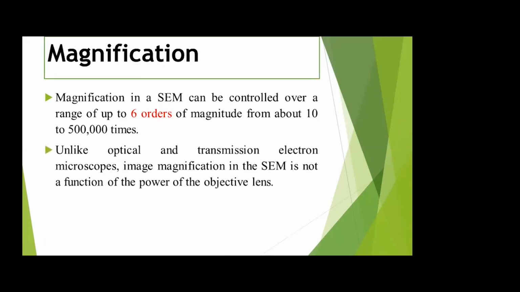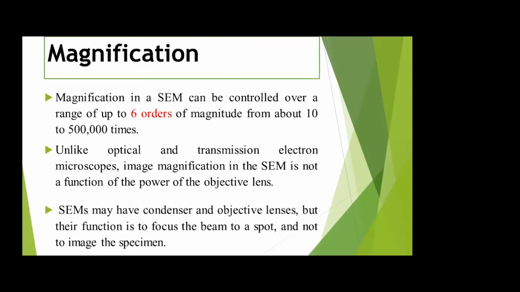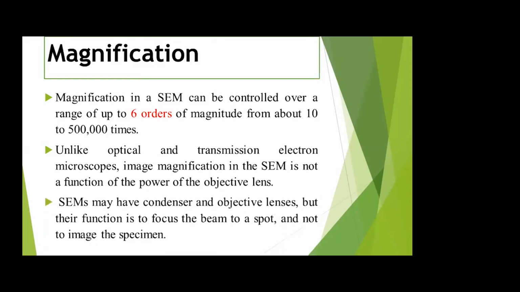Unlike optical and transmission electron microscopes, here image magnification is not a function of the power of the objective lens. SEMs may have condenser and objective lenses. They do have, but their function is different. Their function is to focus the beam on a spot, not the magnification.